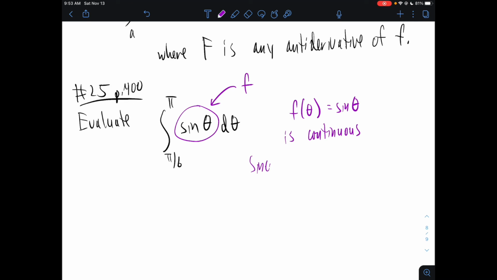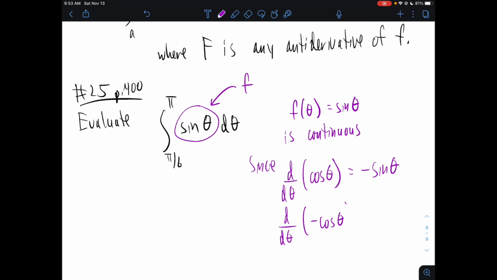And also, since the derivative of cosine theta is negative sine theta, that also means that the derivative with respect to theta of negative cosine theta is equal to positive sine theta.